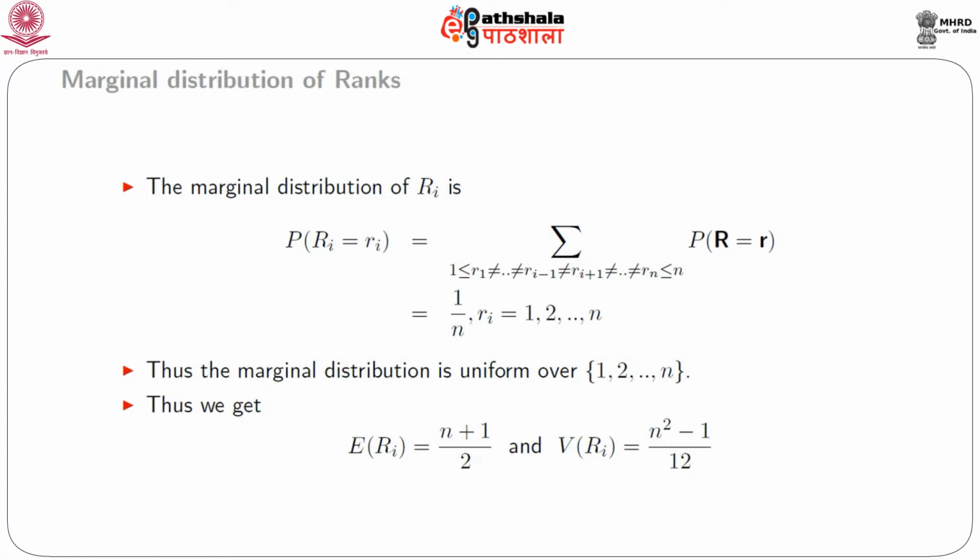After a mathematical simplification, we find that this probability comes out as 1 by n for every possible value, R_i equal to 1 up to n. Thus, the marginal distribution is uniform over 1 to n, and we at once get the expected value of R_i as (n+1) by 2 and the variance of R_i as (n^2 - 1) by 12.